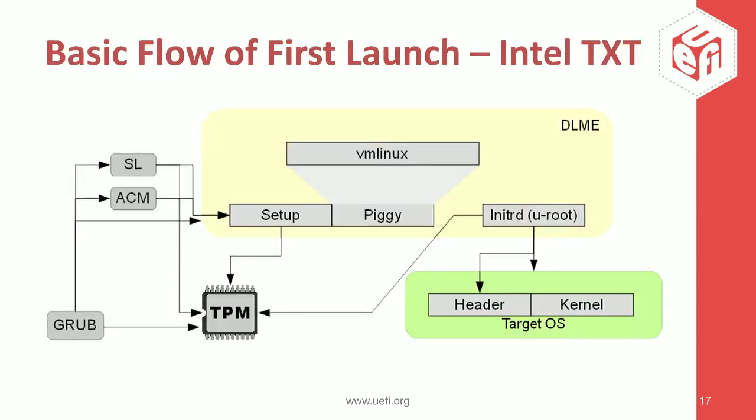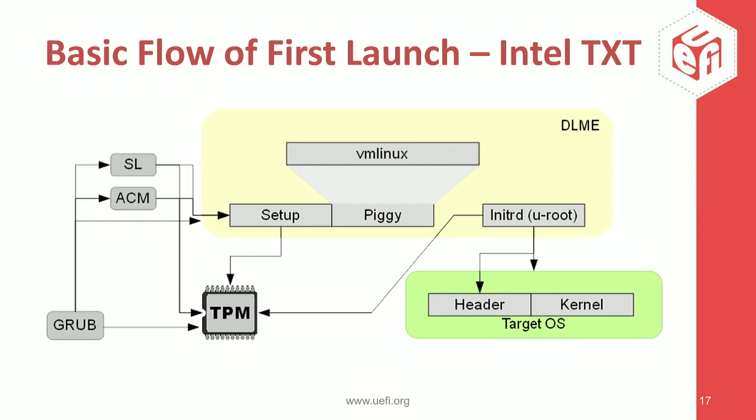So let's have a look how the boot process in first launch looks like. So at the beginning, the platform is initialized by the firmware. For example, firmware and then UEFI, and then control is passed to the bootloader. In our case, it is the GRUB, and the GRUB may take some measurements and put them into the TPM.